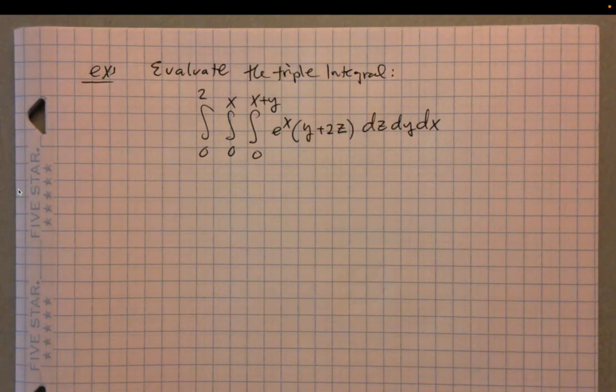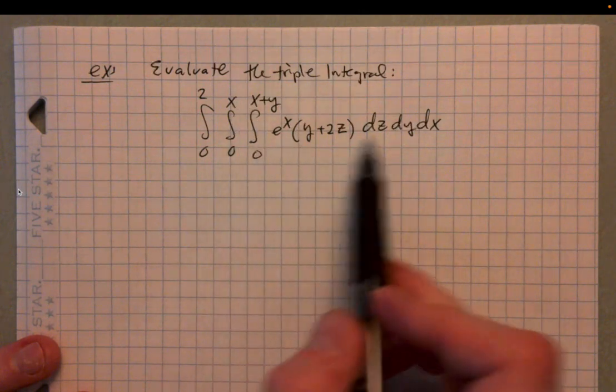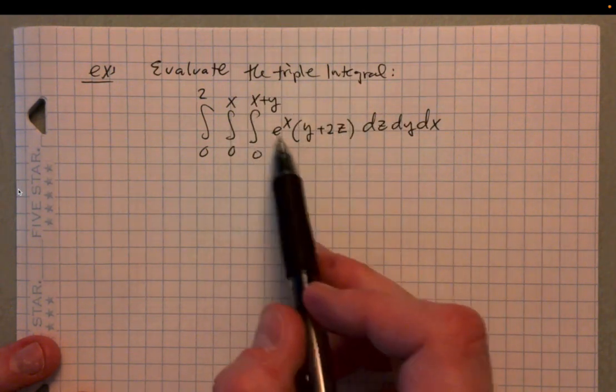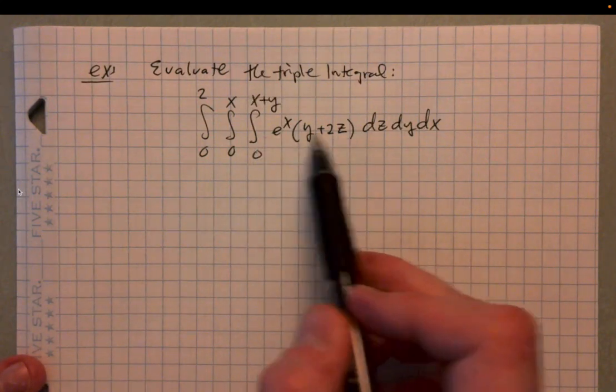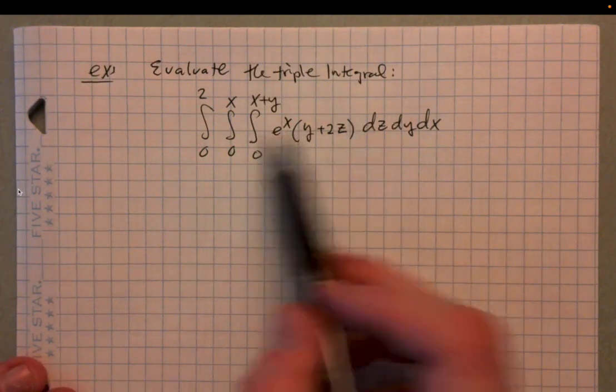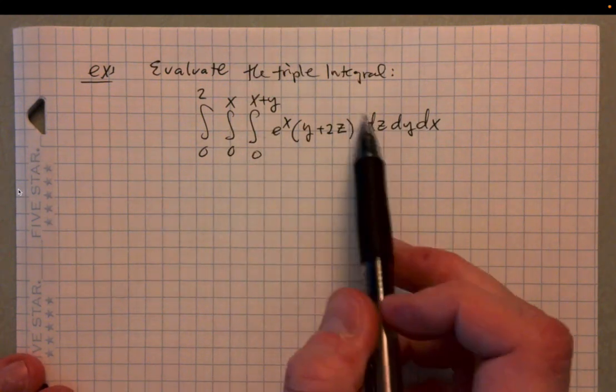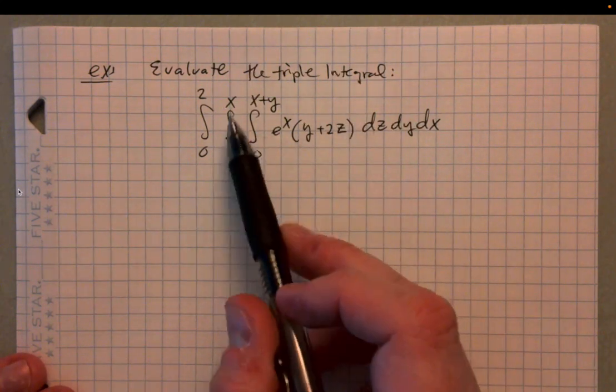Just like we saw with double integrals, you're going to have an inner integral that is where you want to start. However you set this up, the integral in the middle, on the inside, is the first one. So we first go through the integrand and integrate with respect to z, holding every other variable constant. Evaluate the bounds, and then we move on to the middle integral.